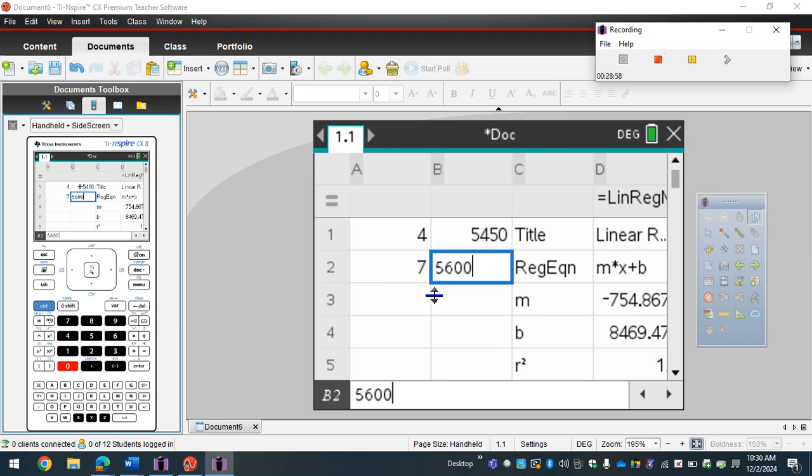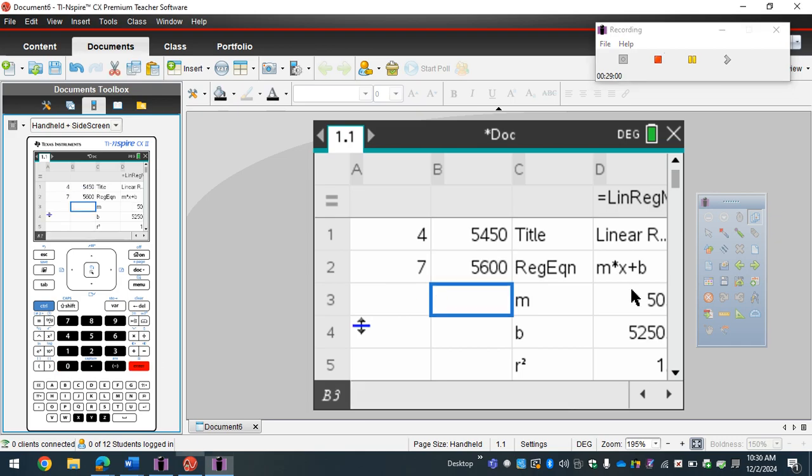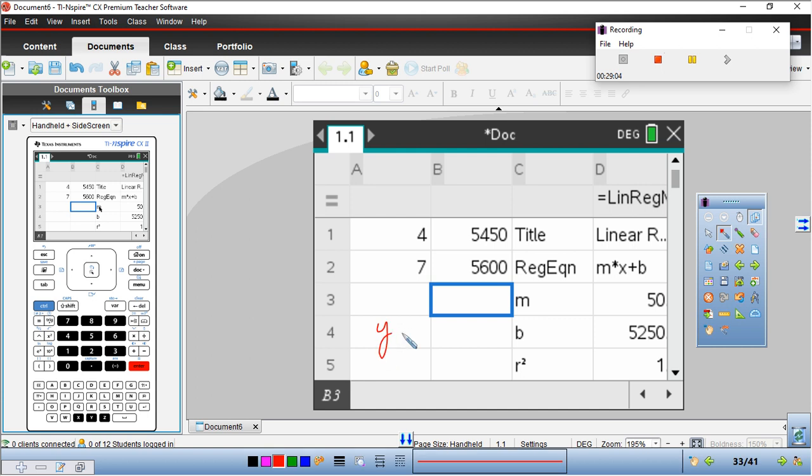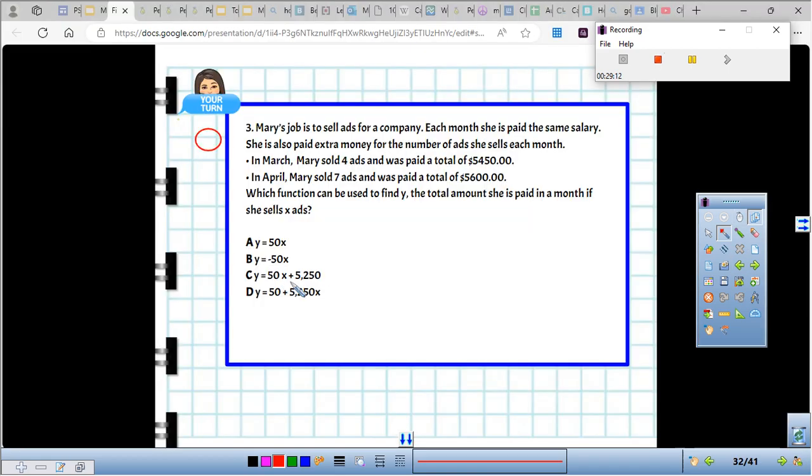So I just type in the numbers over here. I should press enter, and there's this one right here. It's going to become the equation of y equals 50x plus 5250. Put in 9250. There it is.